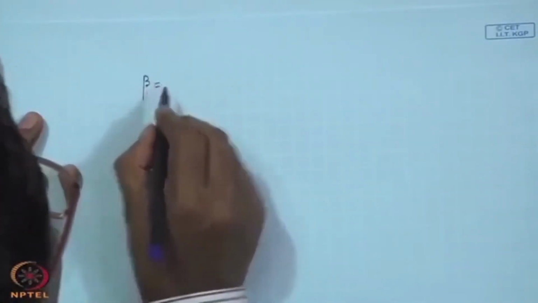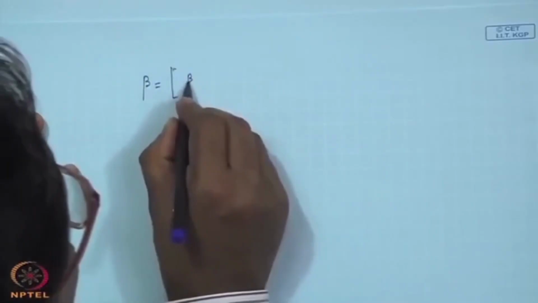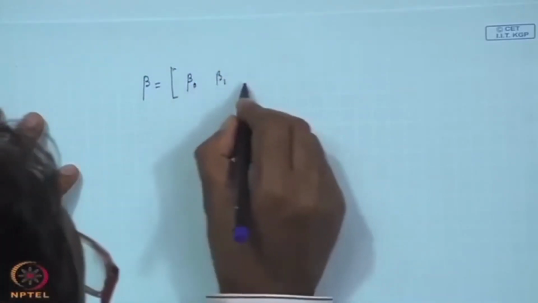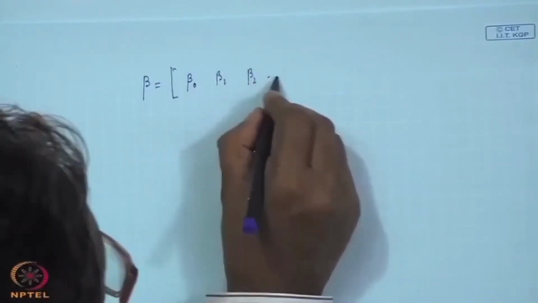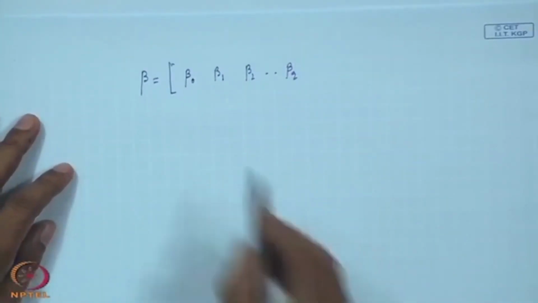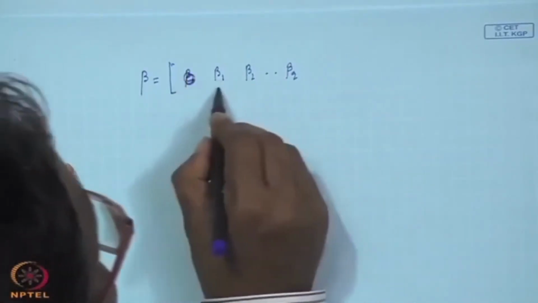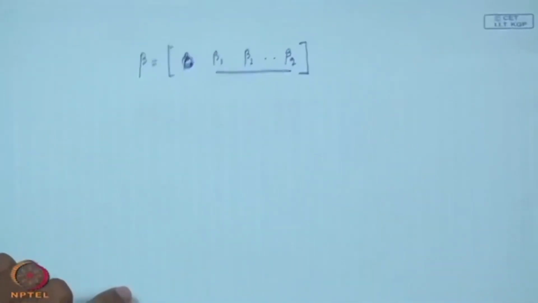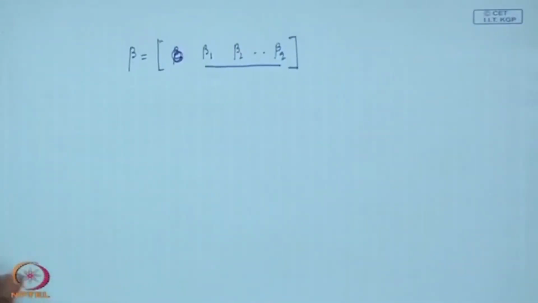the beta part I can write like this: beta 0, beta 1, beta 2, beta q. No, we will write like this: beta 1 to beta q. Okay.